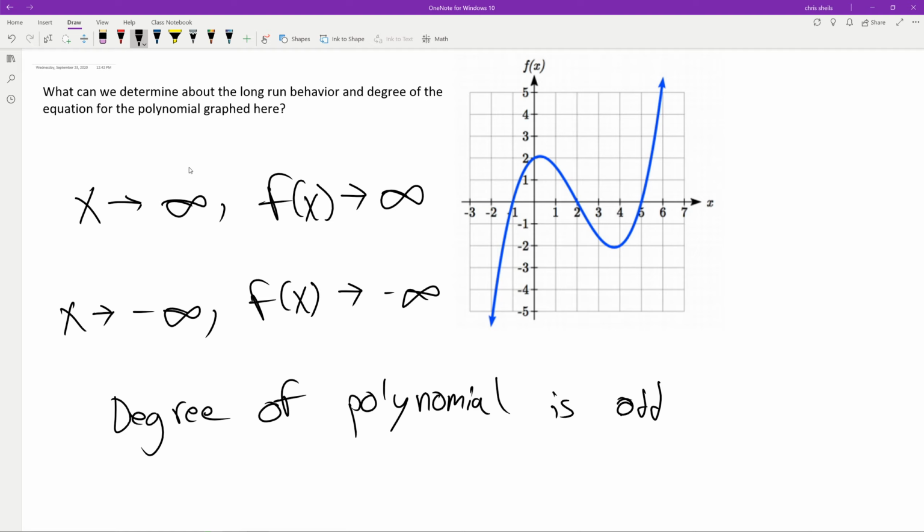And this graph has the same shape as the graph of an odd degree power function that has not been reflected. So this means that my leading coefficient is positive.